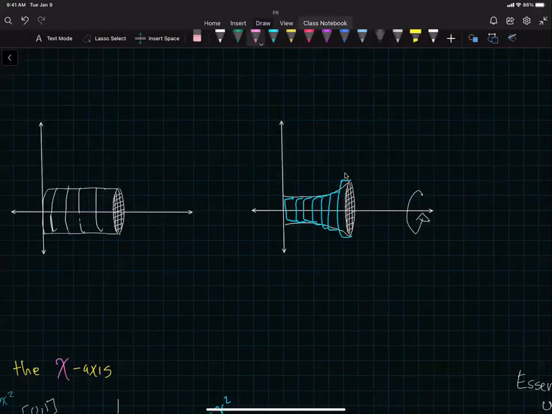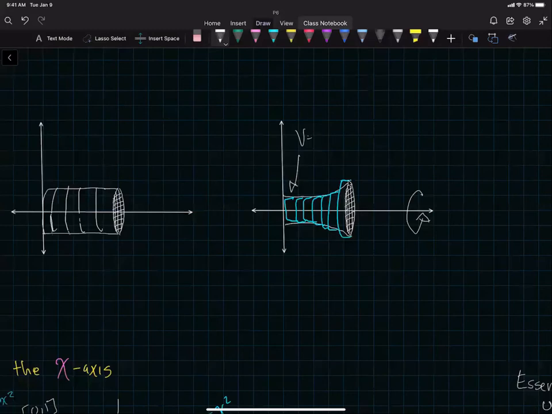So let's try to figure this out. If I went ahead and cut each one of these into basically the same height, so each one of these cylinders, remember I turned it around, this is going to be the height and this is the base. So each one of the heights is the same. So let's find the volume for this one.